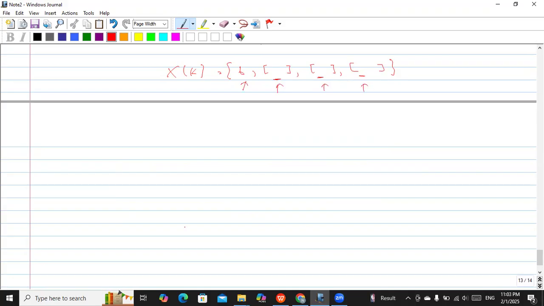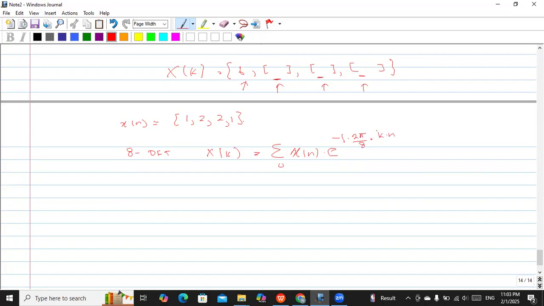Okay. What happens if you find 8-DFT for xn? Okay, now you will have 1 2 2 1. This is xn. Now you are going to find 8-DFT. 8-DFT means you need to find 8 frequency samples. So xk will be in the same manner sum from 0 to some value xn e to the power minus j 2π kn by 8.